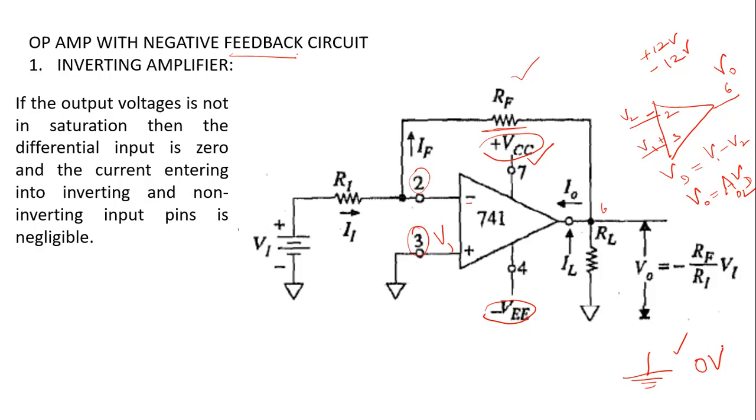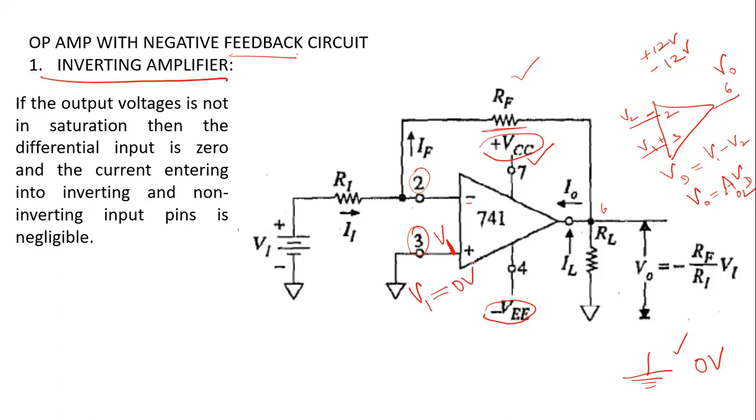Voltages above the level of this earth line are considered positive, and below that are considered negative. So in the inverting amplifier shown here, the non-inverting input, which is your V1, is already 0 volt because it is grounded.